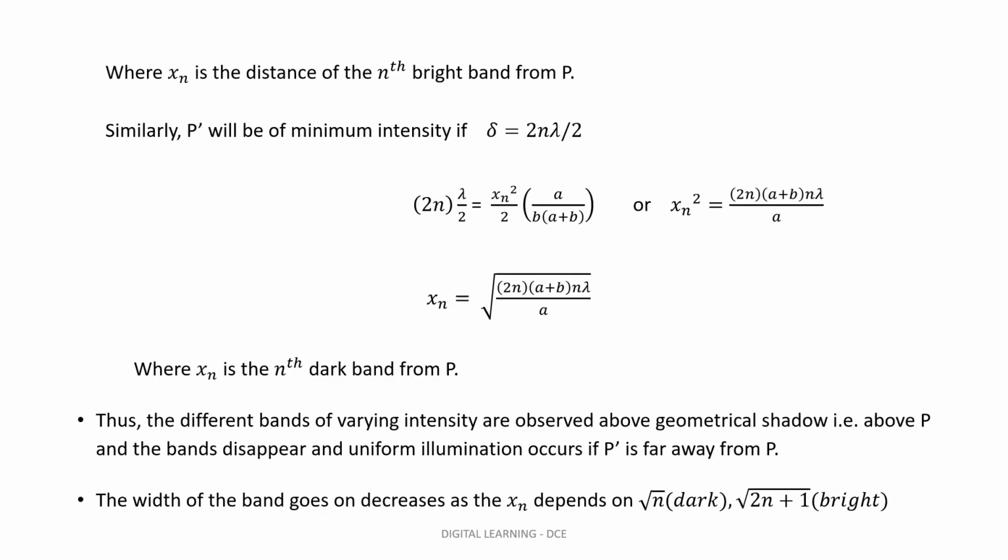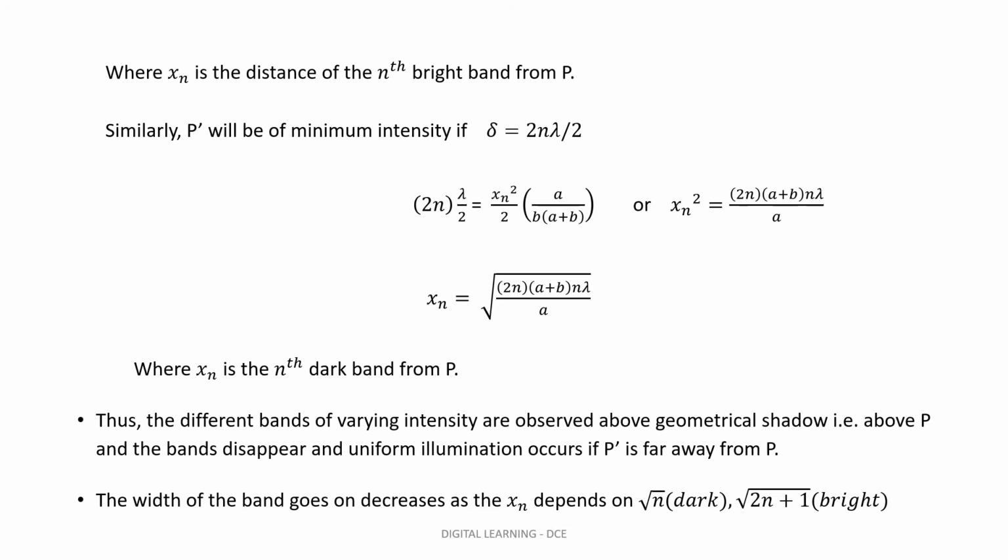That is, xn is the distance of the nth bright band from P. Similarly, P dash will be of minimum intensity if the path difference between the waves coming from the exposed part A dash is 2n lambda by 2.